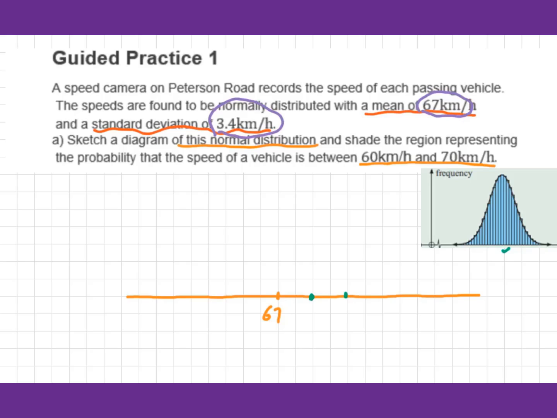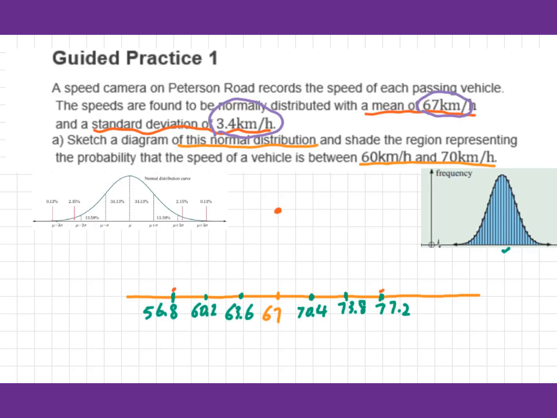This one here. I keep adding 3.4. I will get 70.4, 73.8, 77.2. The pattern for normal distribution curve will be like this.